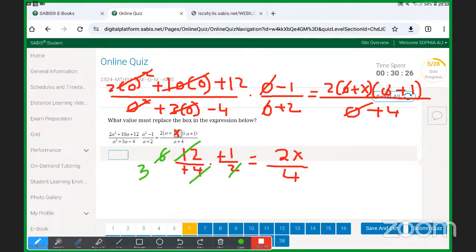So in this side we will have 3 over 2. Don't forget, we have 2. Equal. What is the common factor here between 2 and 4? 2. Of course. Do it.